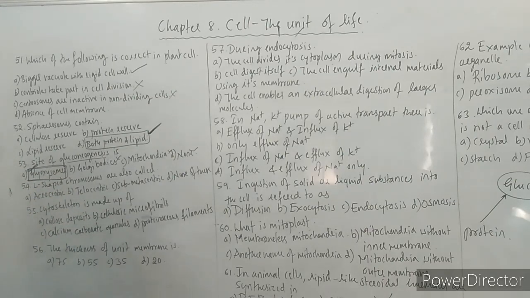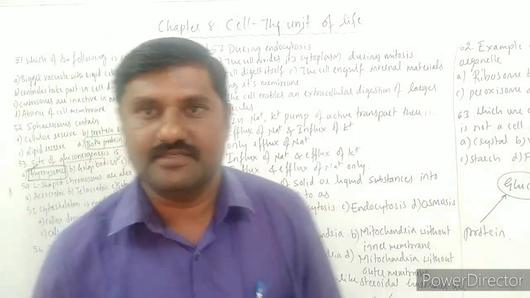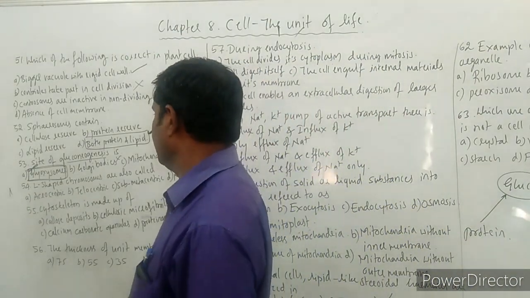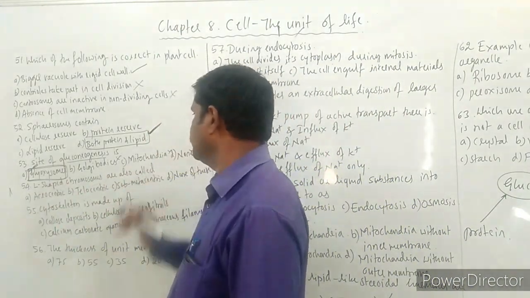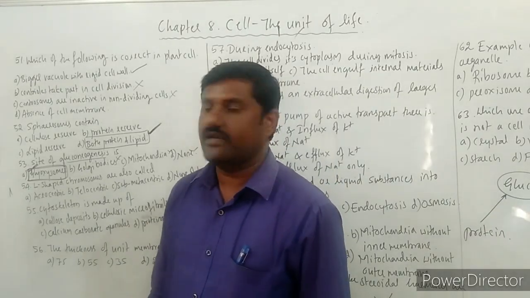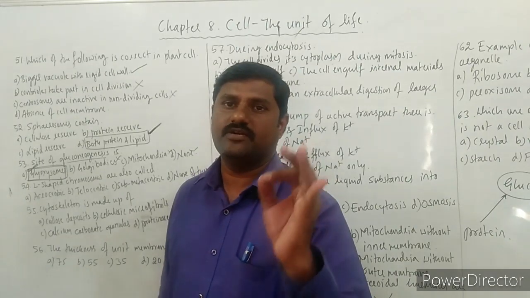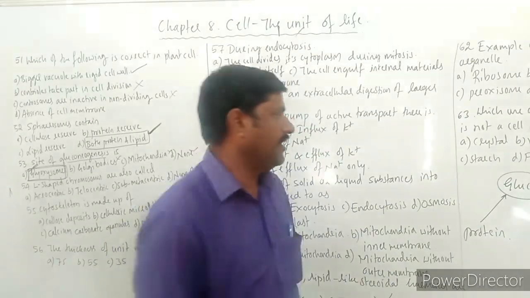Next question. L-shaped chromosomes. I have already explained this. L-shaped chromosomes are also called acrocentric. He says acrocentric, meaning the centromere is at the terminal part.